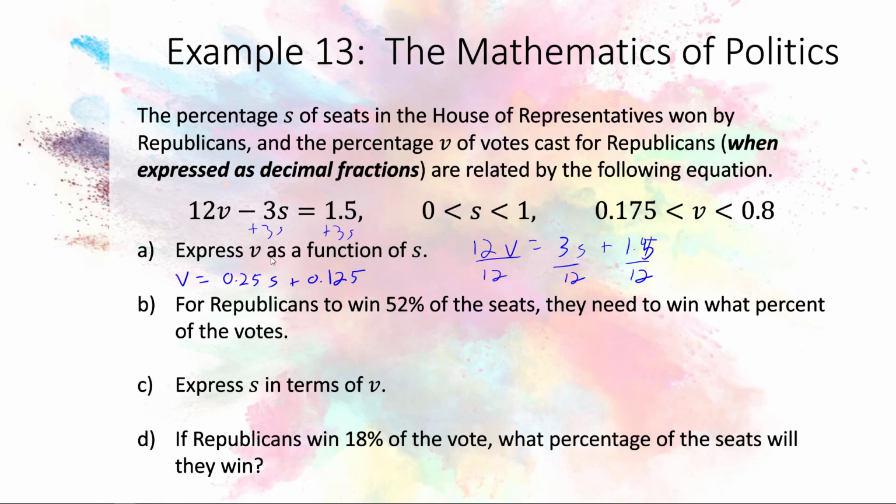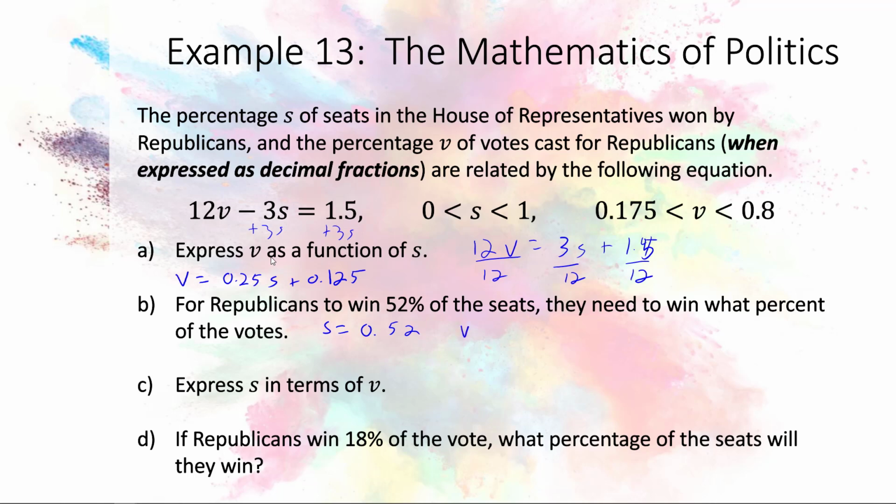Now for the next part, we have for the Republicans to win 52% of the seats, they would need to win what percentage of the votes? Okay, now remember S is the percentage of seats, but it has to be expressed as a decimal. So if this is 52%, then S has to be equal to 0.52. Okay, so we just put in 0.52 here and see what we get.